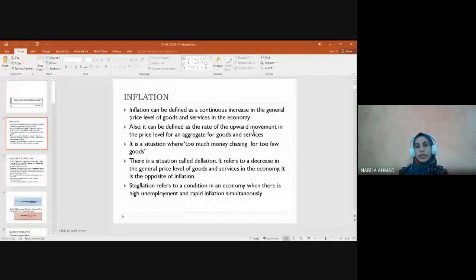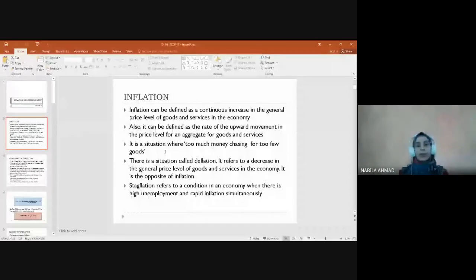It is a situation where too much money chasing too few goods. Maknanya kalau barang dengan harga RM100, kita dapat sikit je barang. Macam dulu RM100 boleh beli banyak. So bila berlaku inflation, too much money, duit tu macam banyak tapi barang yang kita beli tu sedikit sahaja. Maknanya value of money dah drop.